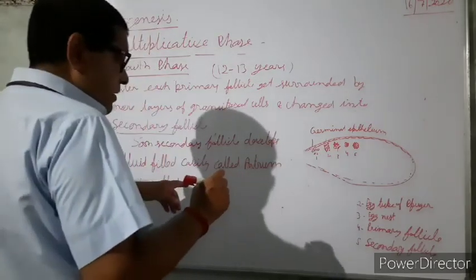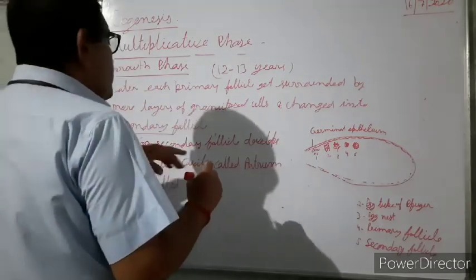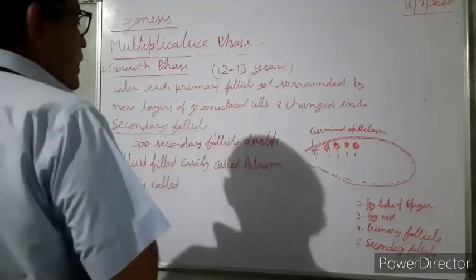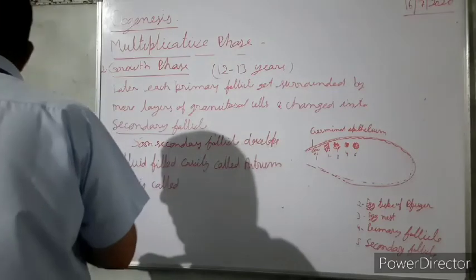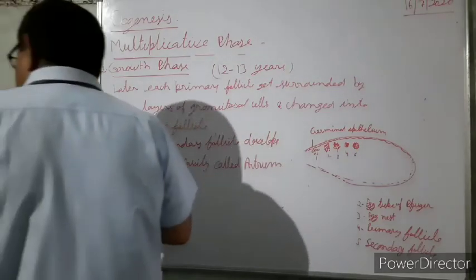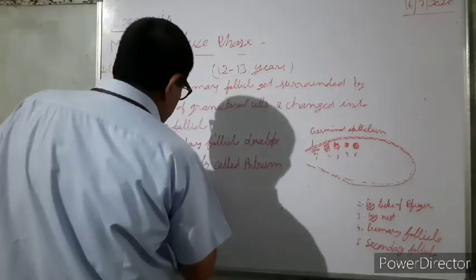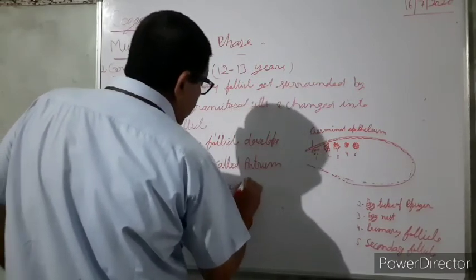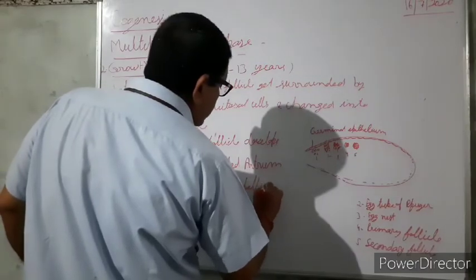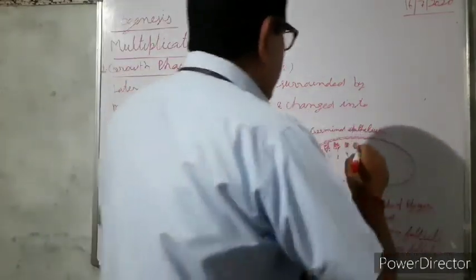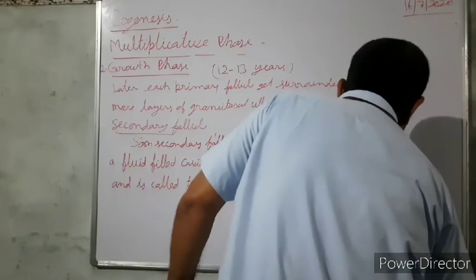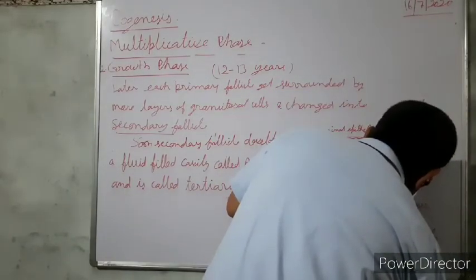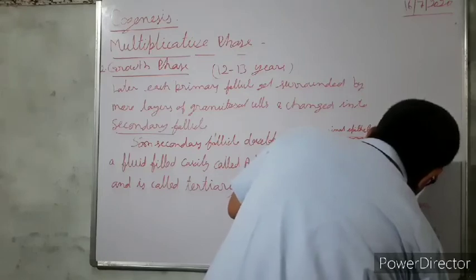This is the sixth structure, the tertiary follicle.